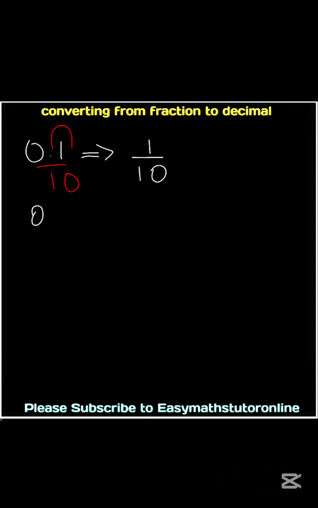So now let's look at 0.5. Converting to a fraction is 5 over 10. How did we get 5 over 10? Because the decimal stands for 1 and the one decimal place stands for 0.